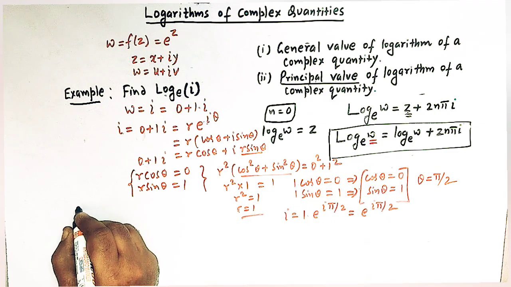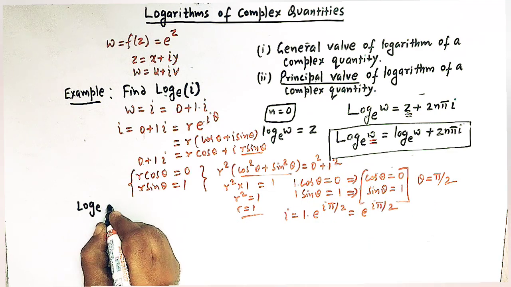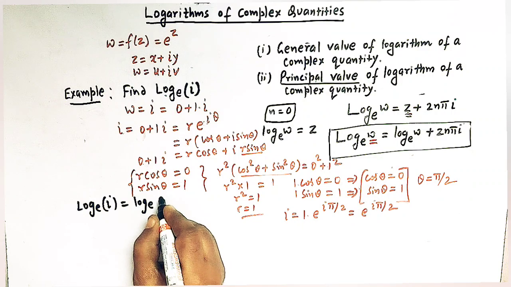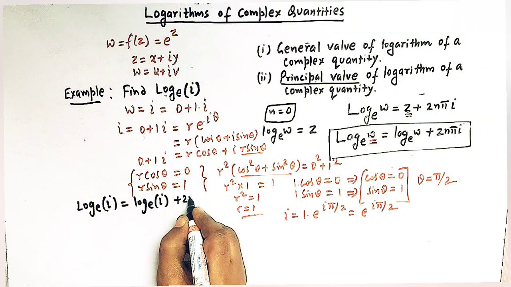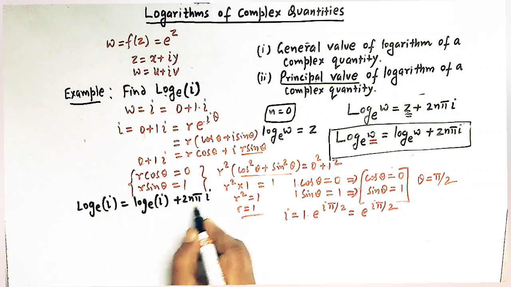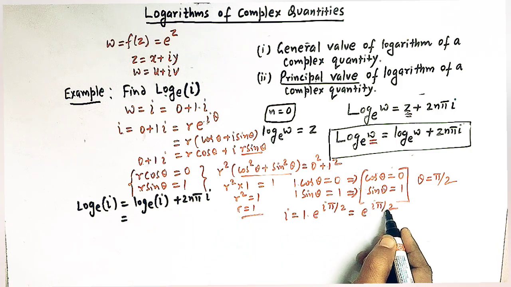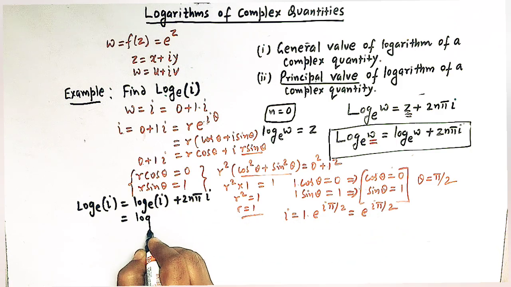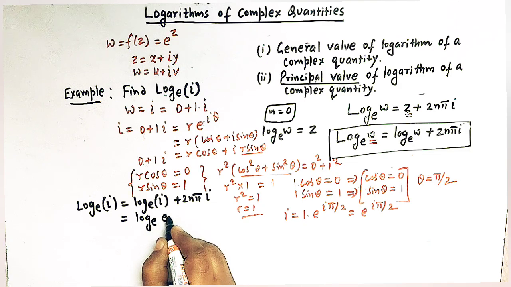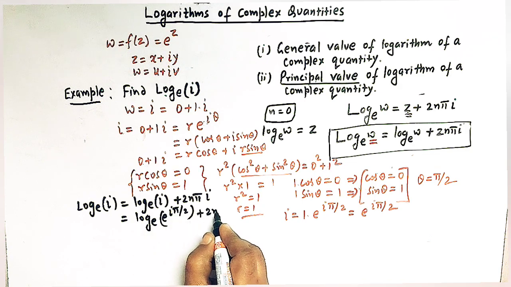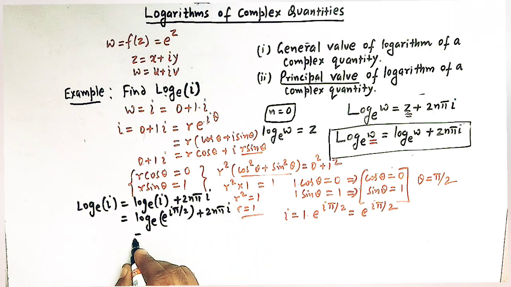So now we can write log of i is equal to log of i plus 2nπi, and taking i equal to e raised to iπ by 2, here we have log of e raised to iπ by 2, then here we have 2nπi.